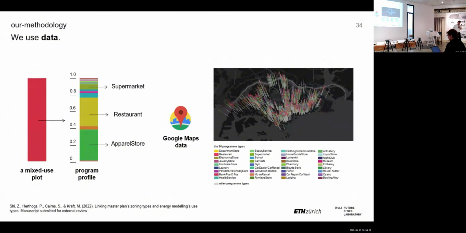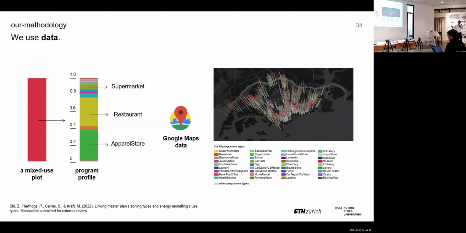We also use the data because we always say we want mixed use. But how mixed is mixed use? We want to understand the DNA of mixed use, especially when we model, for example, a mall. You cannot simply say it's commercial, because it's a combination of supermarkets, restaurants, stores, retail, and many other things. We like to understand what's really behind it at a more granular level.